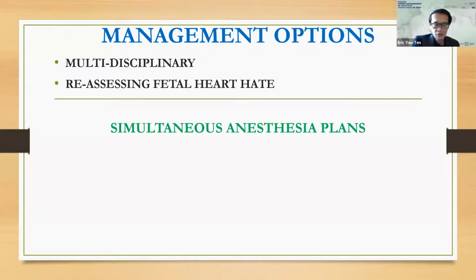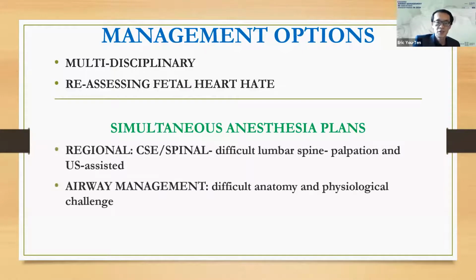Something that you will consider is a simultaneous anesthesia plan, because I agree that we can attempt to do regional, whether it's a spinal or CSE, bearing in mind that this patient with a high BMI would likely be difficult from a lumbar spine palpation standpoint. Even though you use ultrasound assistance, it can be very challenging.